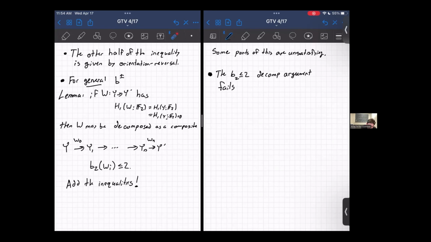But this decomposition argument is going to make you sad if you try and do that. I don't know how to decompose an equivariant cobordism in such a nice way. In fact, if you told me you can't, I would not be surprised.